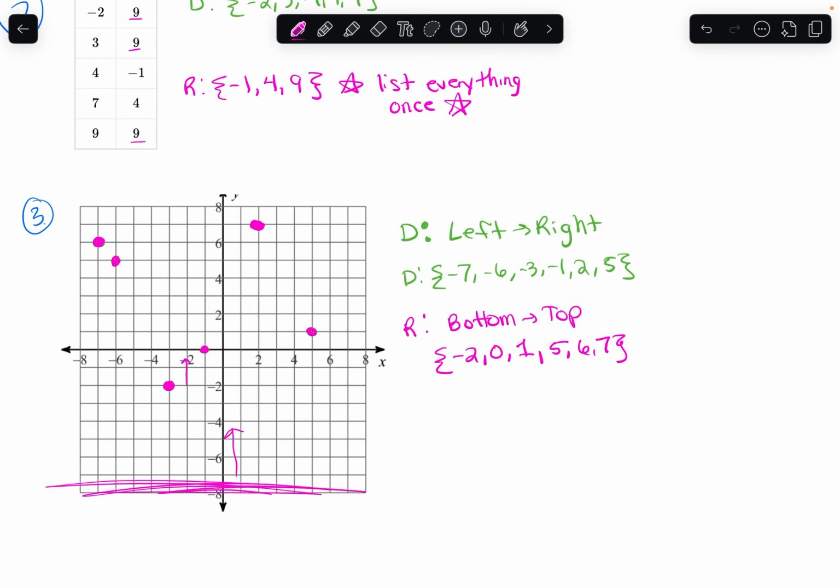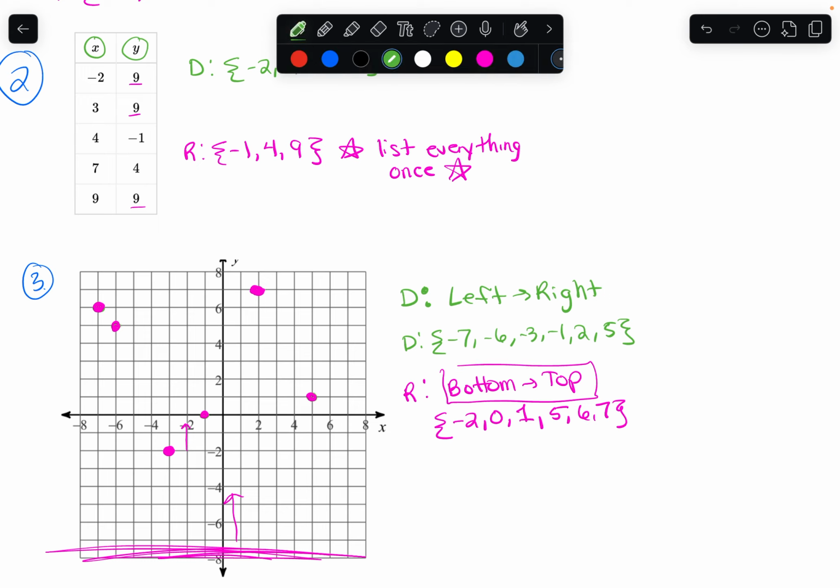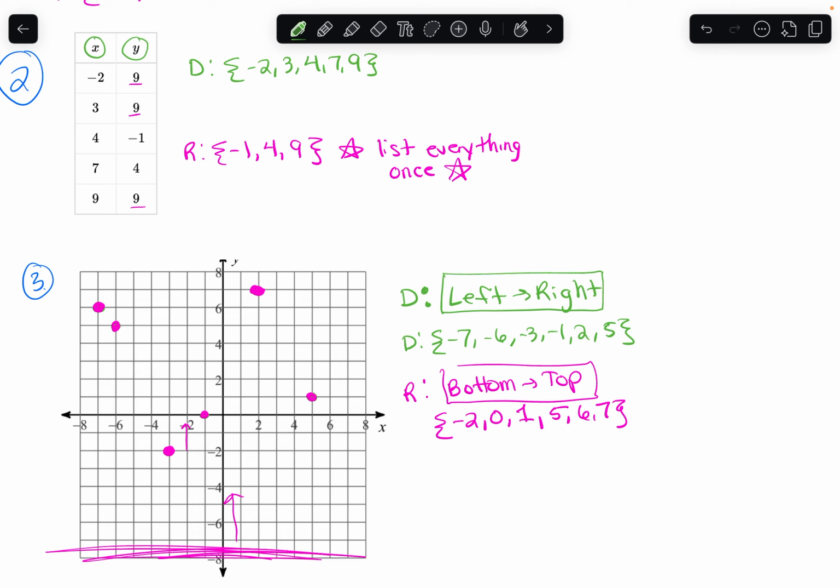So, as far as your domain and range goes, from a graph, I cannot stress enough this left to right and bottom to top. This is going to be the thing that makes your life easy, because it's going to give you a way to attack every problem that we end up with.